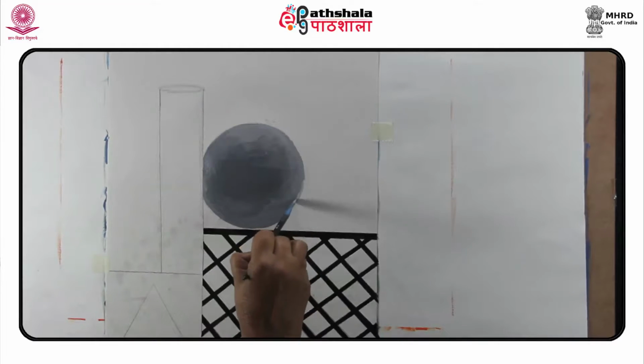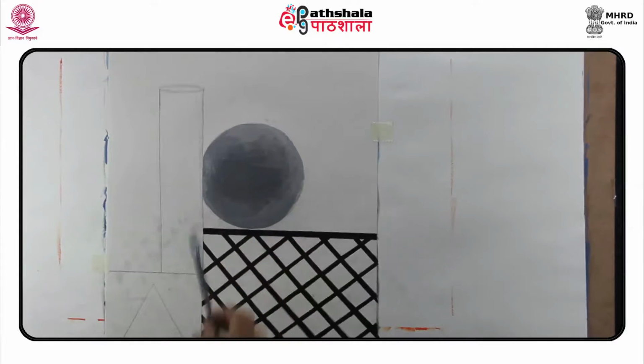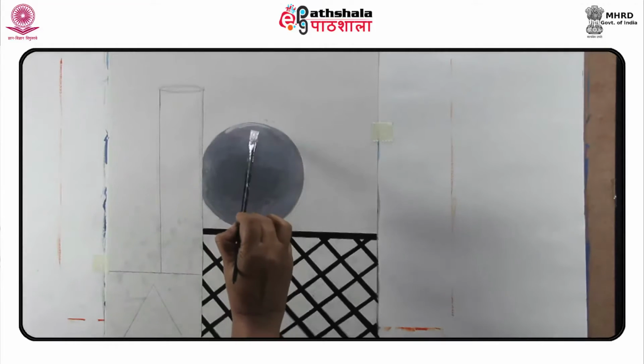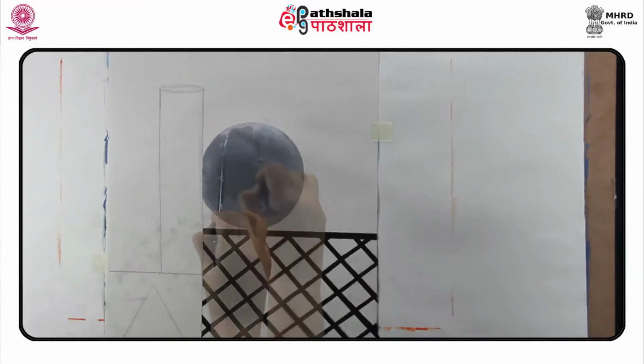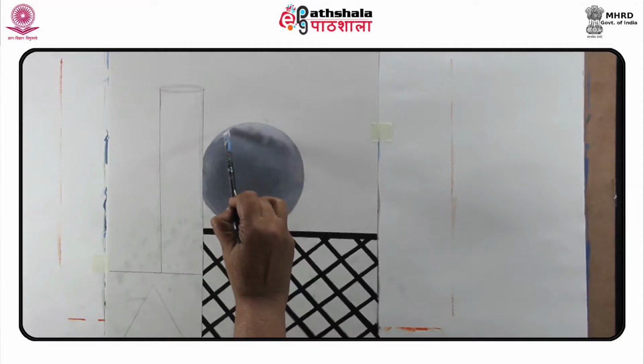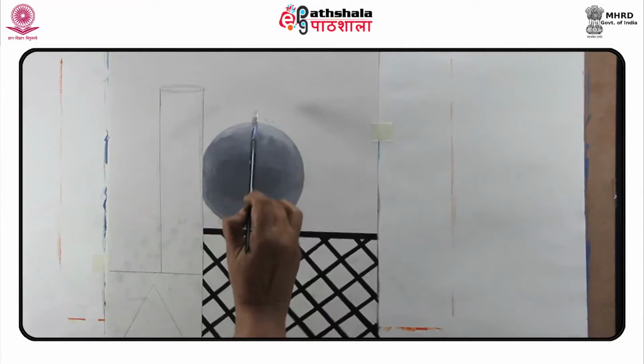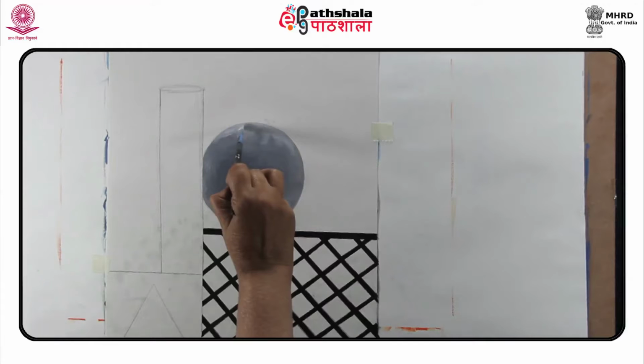Notice how you can't point to a specific spot and say that's where it starts getting darker, because it is constantly getting just a little bit darker or lighter. So there is no place where it just stops or starts.